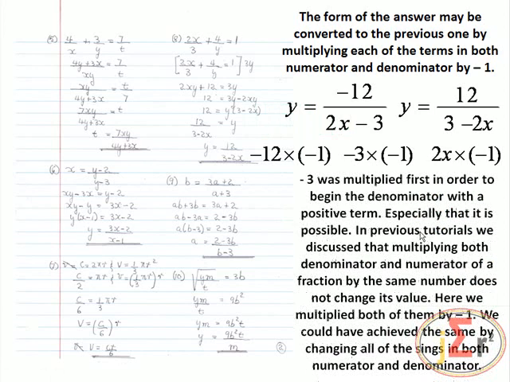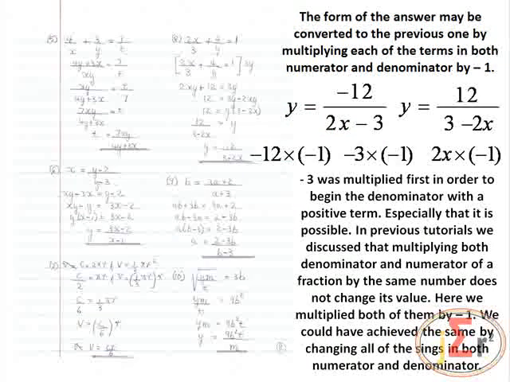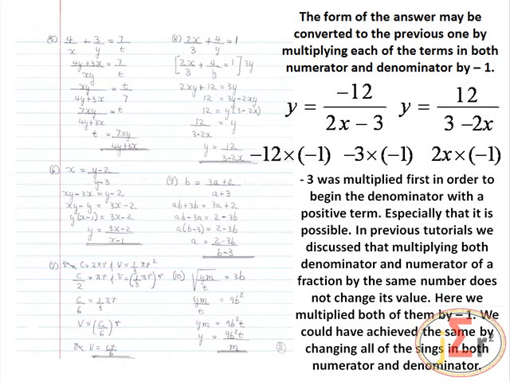Negative 3 was multiplied first in order to begin the denominator with a positive term, especially that it is possible. In previous tutorials, we discussed that multiplying both denominator and numerator of a fraction by the same number does not change its value.